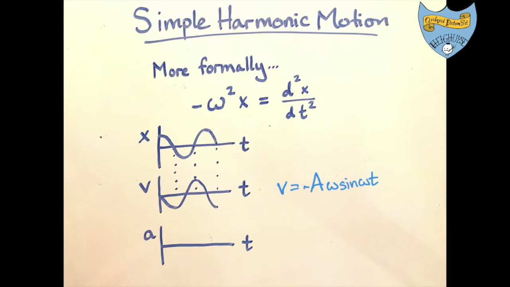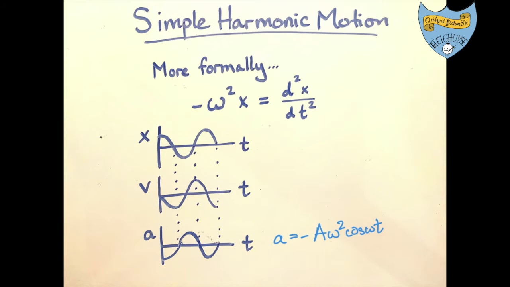So initially the velocity would be 0 because this is flat. At this moment, the velocity would be negative, very negative, or the most negative. Here we're back to 0 again, that's this spot. And it goes on and on like that. So it's 90 degrees out of phase.